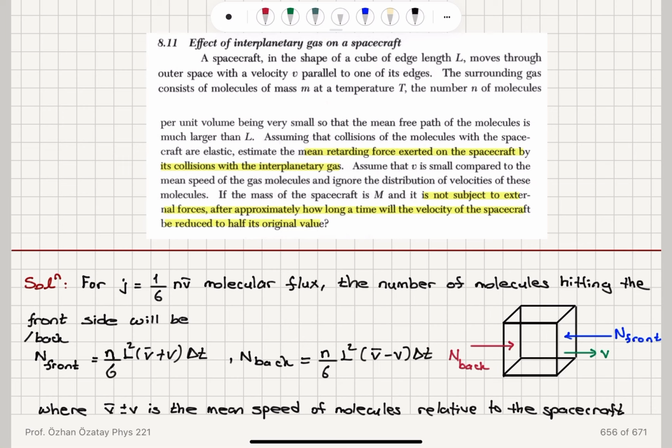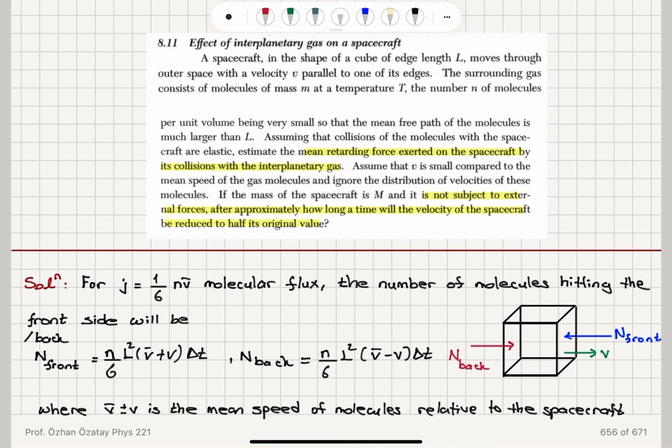The speed of the molecules is v bar, but because the spacecraft is already moving with v, it is reduced to v bar minus v. That's the number of molecules hitting from the back for an observer in the cube. All right, so v bar plus or minus v is the mean speed of molecules relative to the spacecraft.